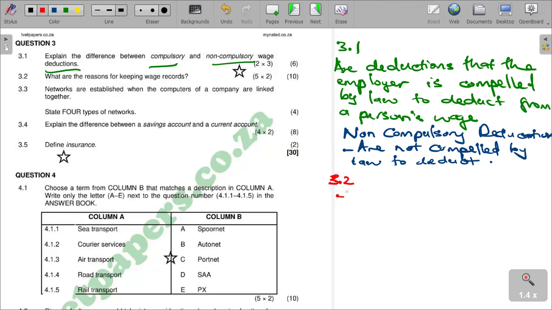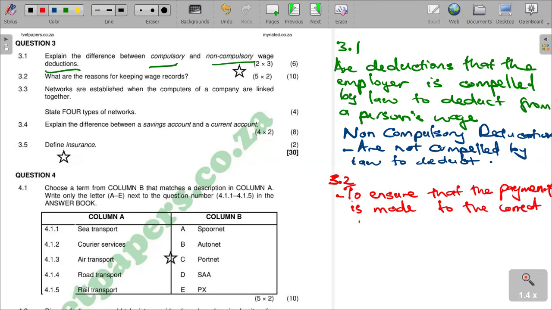One of the reasons is to ensure that the payment is made to the correct person, and to ensure that all employees receive the correct amount that they are entitled to according to the contract.